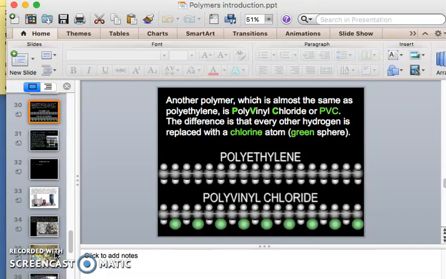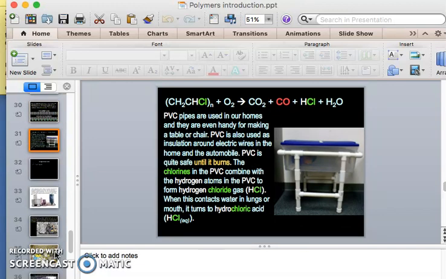Polyethylene has ethene as a monomer, PVC has ethyl chloride as a monomer, if I'm not wrong. So it's the same kind of process. Just to reiterate, PVC pipes, you might have seen these. You burn them, that results in HCl, which combines with the moisture in our lungs to get hydrochloric acid. You don't want that to happen.